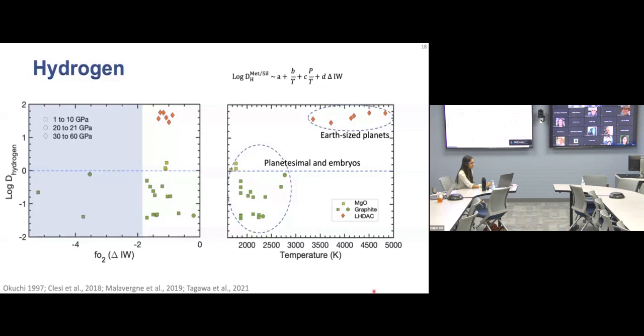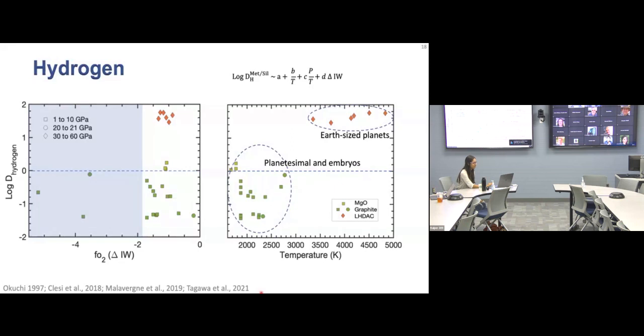Studies of exoplanetary systems have shown that rocky planets elsewhere could have thick hydrogen envelopes, but we don't yet have enough data to really understand how hydrogen would behave during differentiation in those kinds of bodies. And that was the last element that we collected the partition coefficients for.